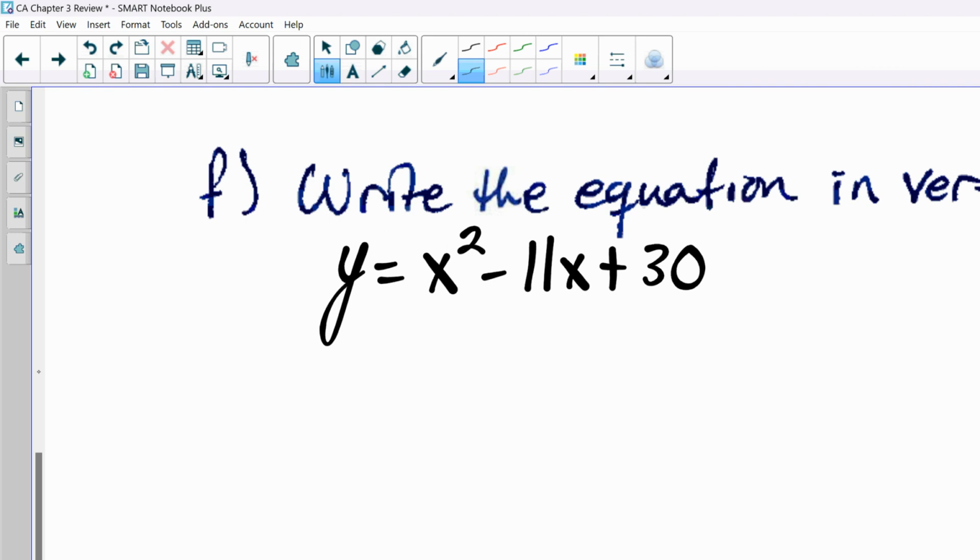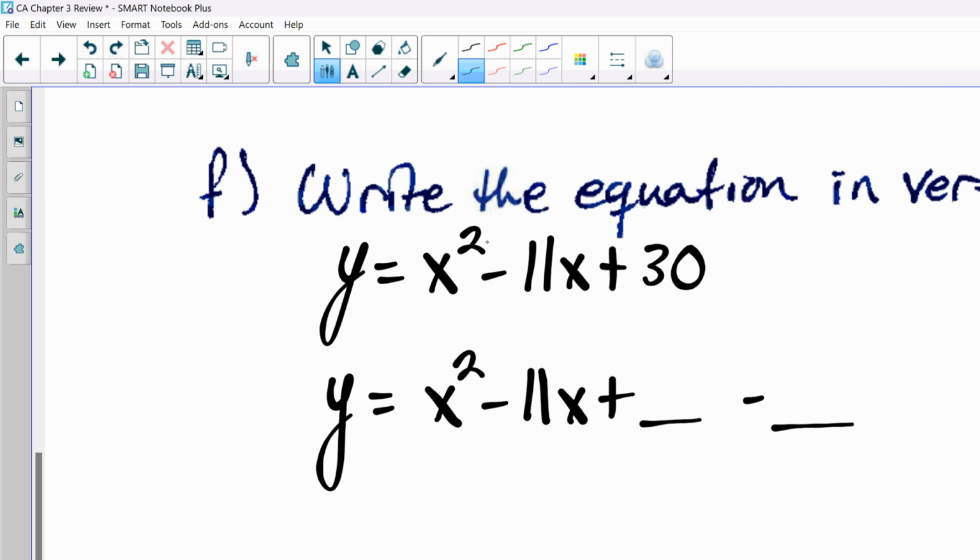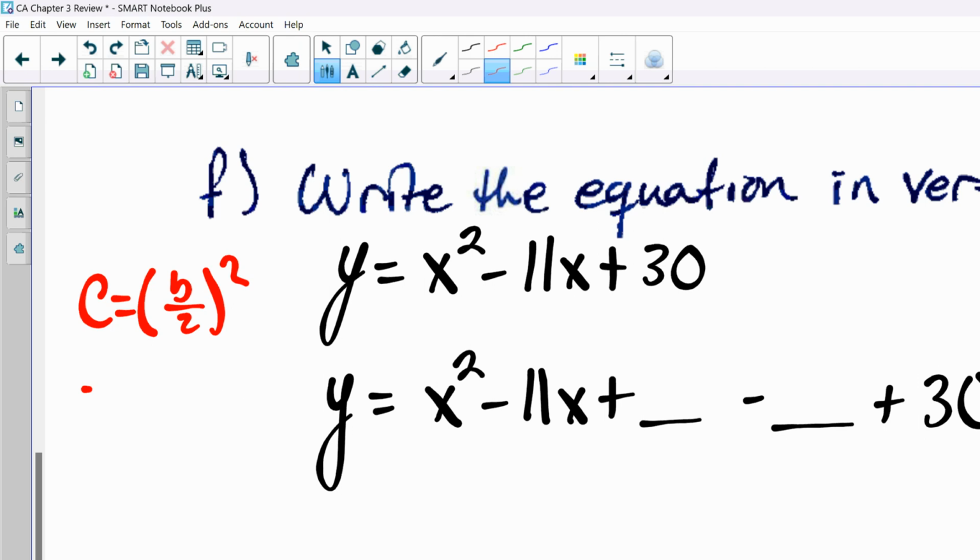Now vertex form, we're going to have to complete the square. And to complete this square, we have our c is equal to b over 2 squared. Now normally we would need the number in front of x squared to be 1. Here it is. And we're not going to focus too much on it not being the case.